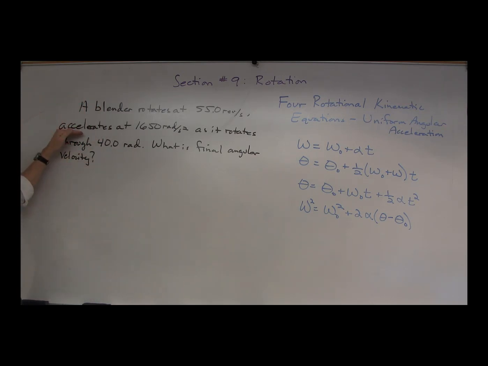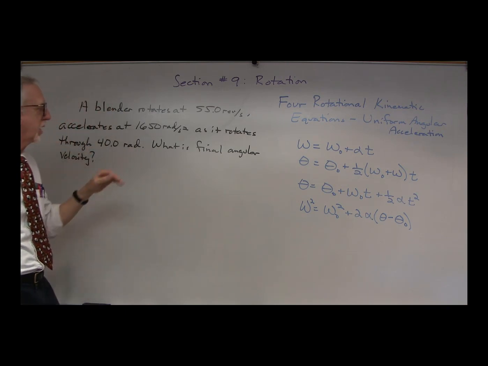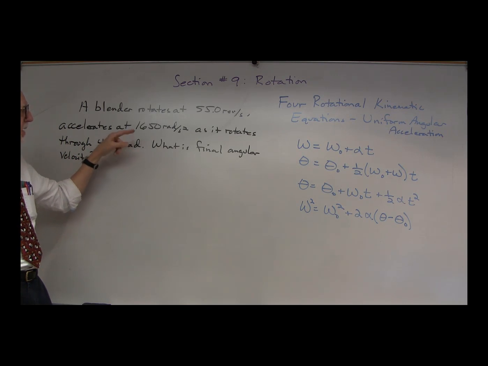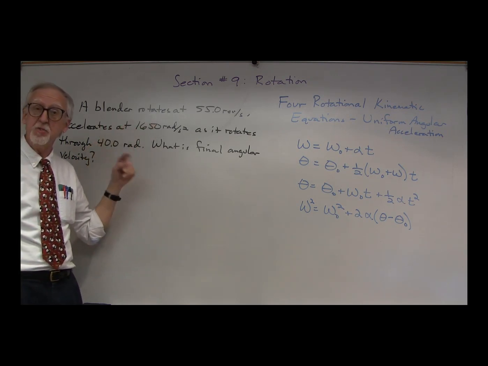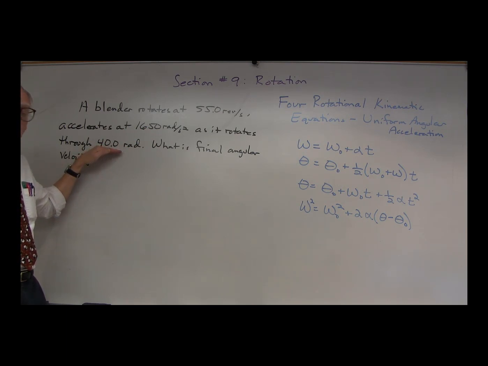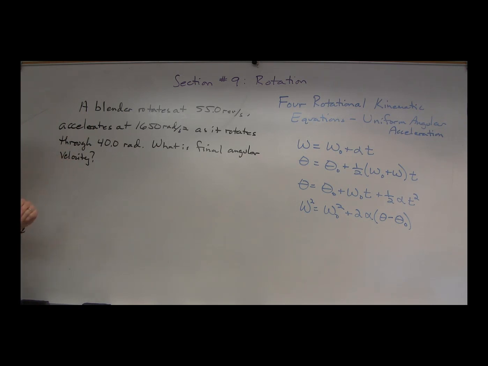It then accelerates at 1,650 radians per second squared as it rotates through 40 radians. So what's happening? The blade of the blender is speeding up at this rate as it rotates through 40 radians. The question is, what is its final angular velocity?